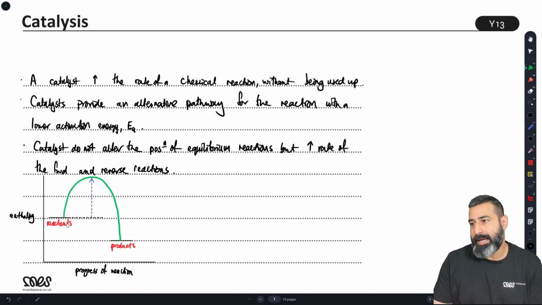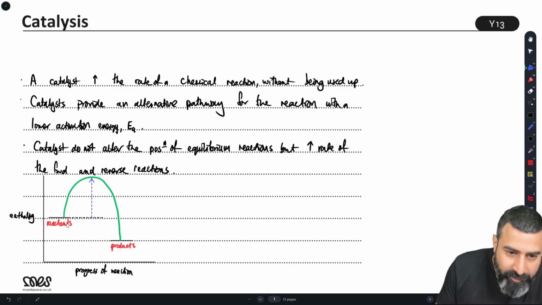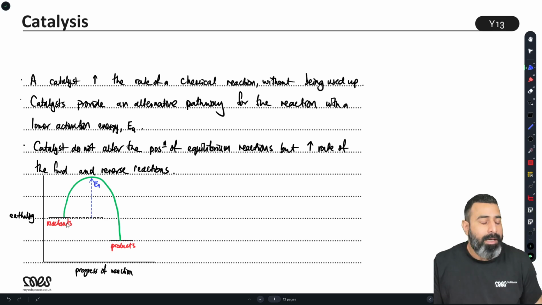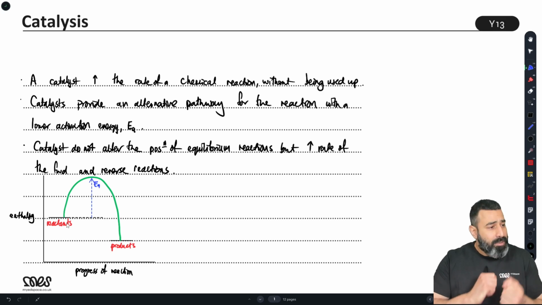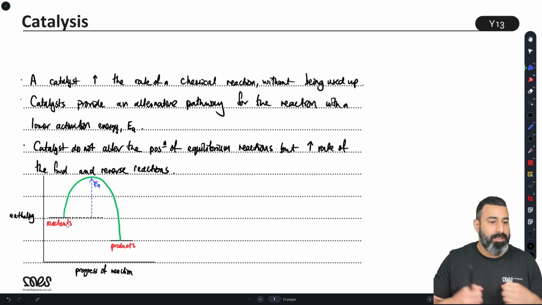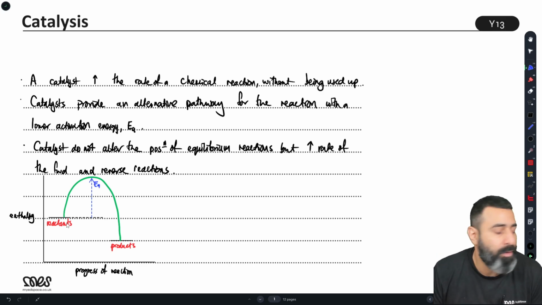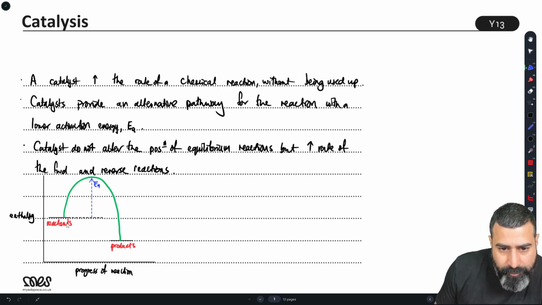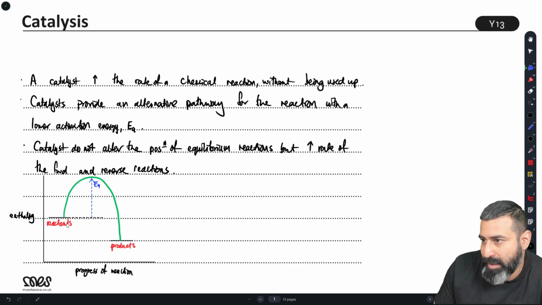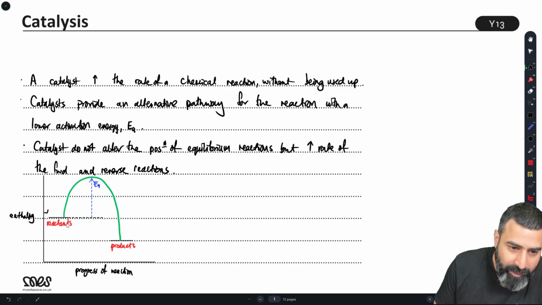So that is my activation barrier, or activation energy, EA. And that is energy that we're putting in to break the bonds in the reactants, and then they rearrange the atoms, forming new chemicals, i.e. products.